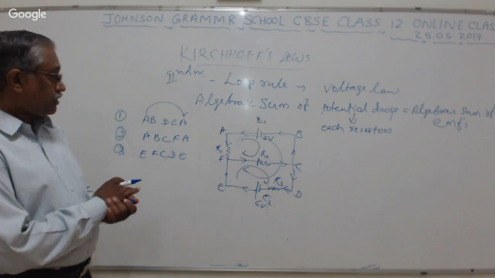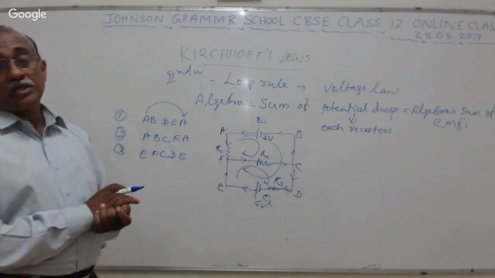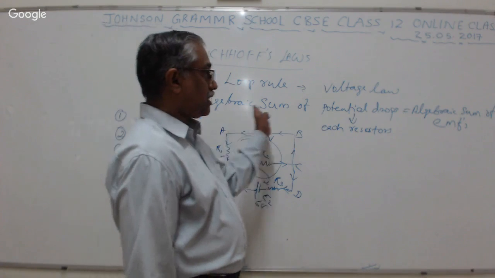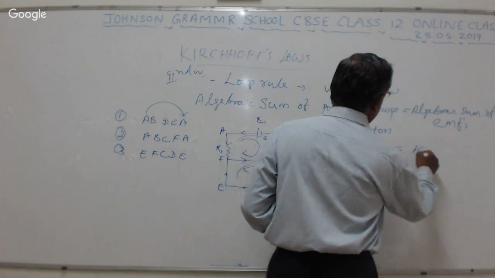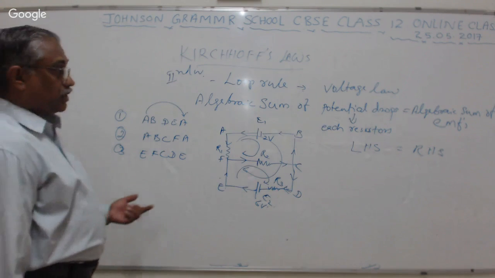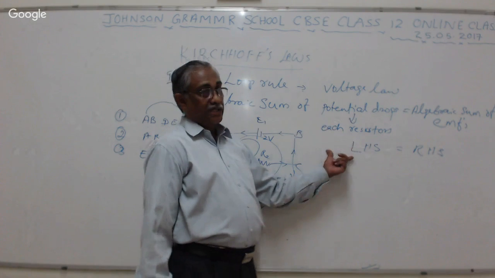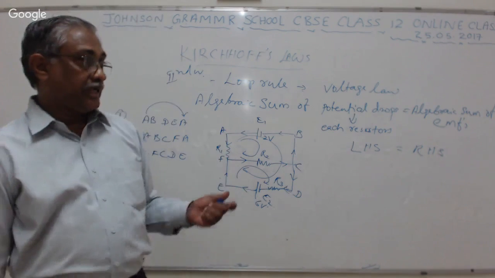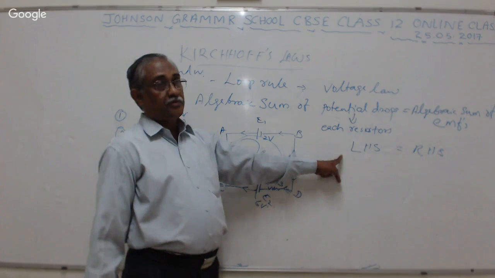Now, the direction of the potential drops or current and the algebraic sum of EMF. We have a left hand side and a right hand side. LHS is equal to RHS. So how do we decide what sign to be given? If you have taken your arbitrary direction in the direction of current, then you will give positive value for the potential drop.